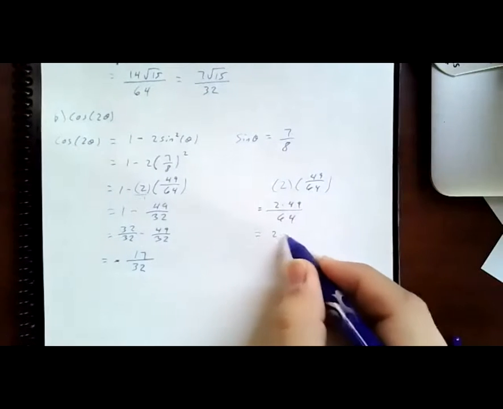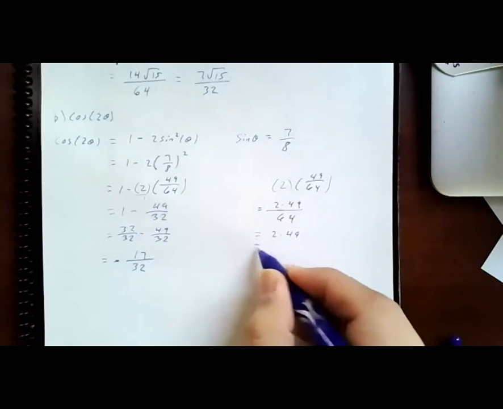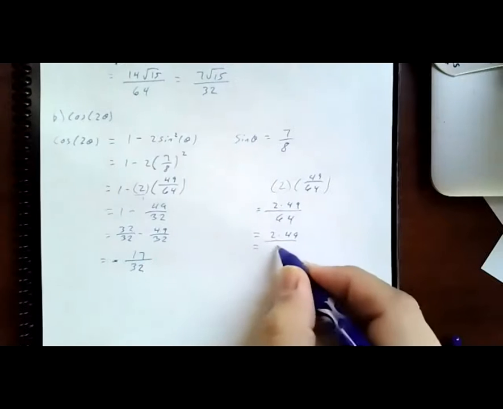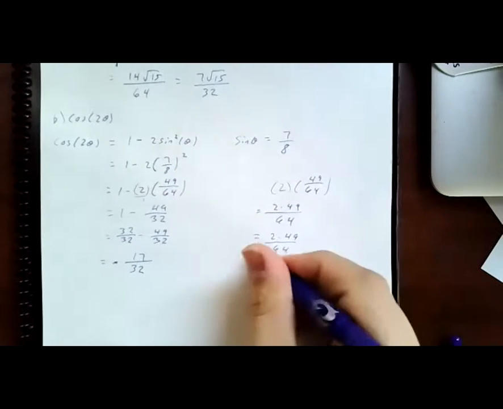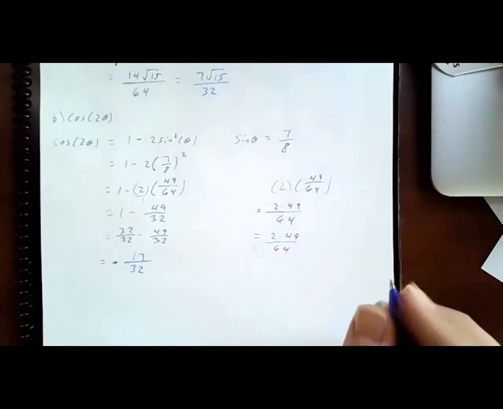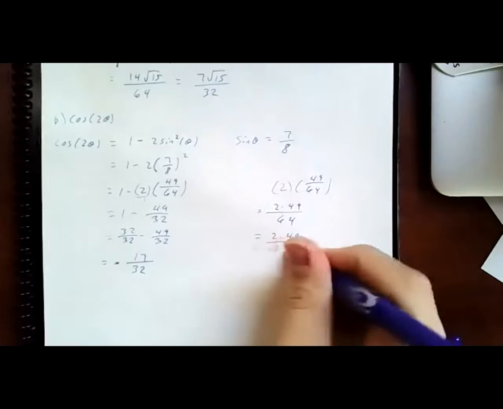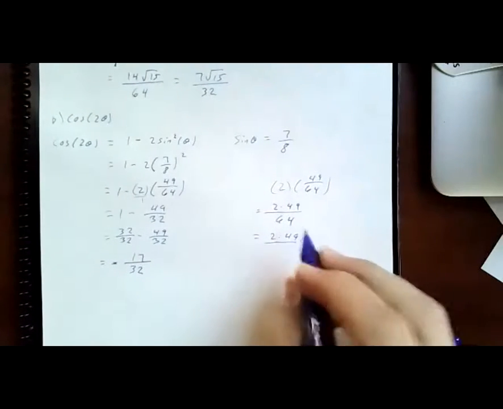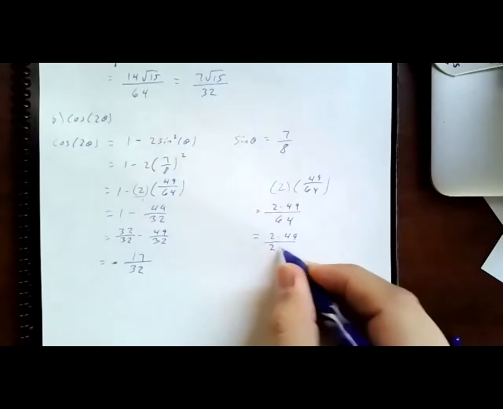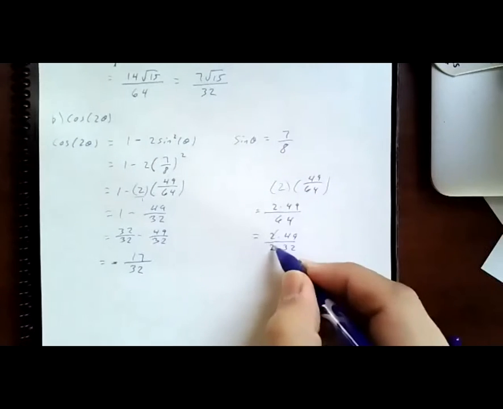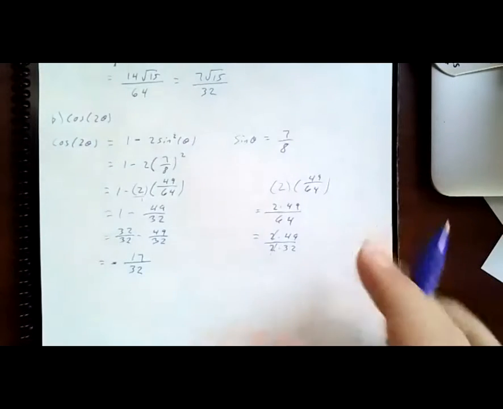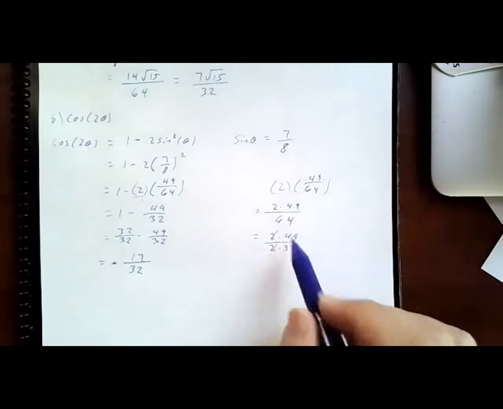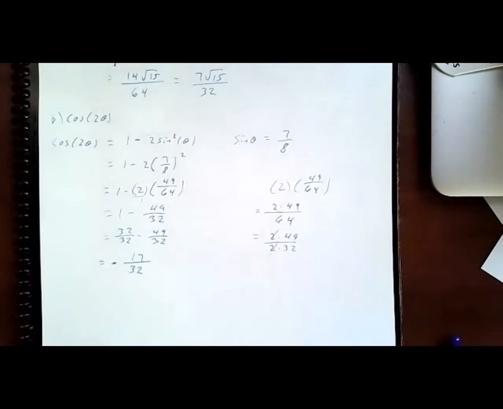So you could reduce it by breaking down the 64 into 2 times 32. That's technically what happens when you reduce, right? You divide the top and bottom. Got it. Cool. Thanks. So those 2's are gone.